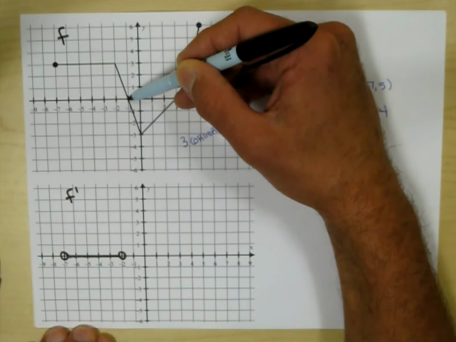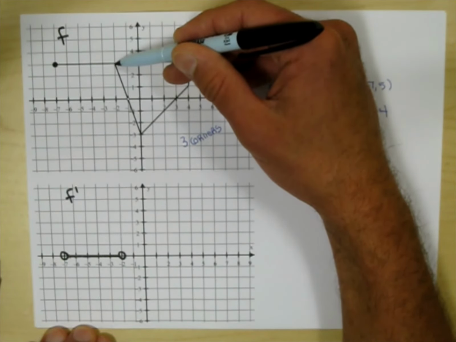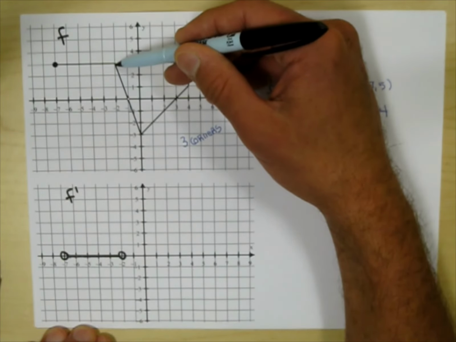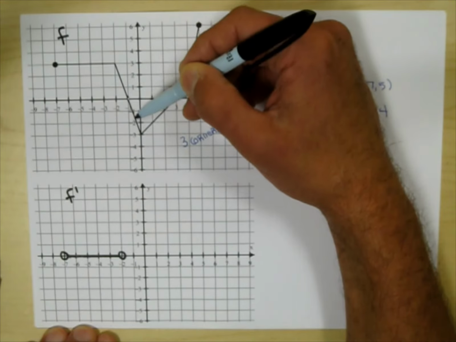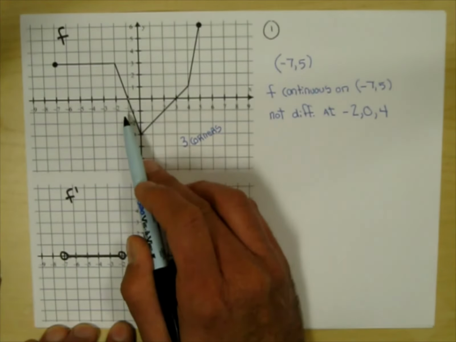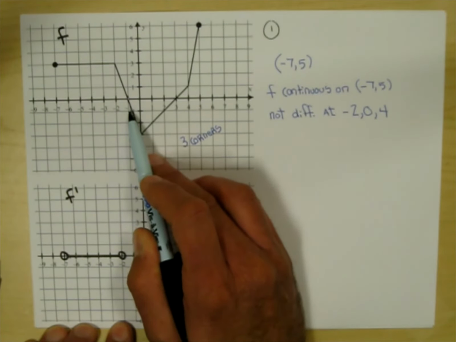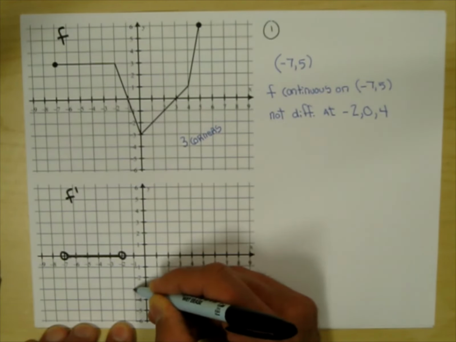Rise, so I'll start right here: 1, 2, 3 in the positive direction, and -1 is what we're running. So it's going to be -3 for the slope of all the points on that line. So -3.